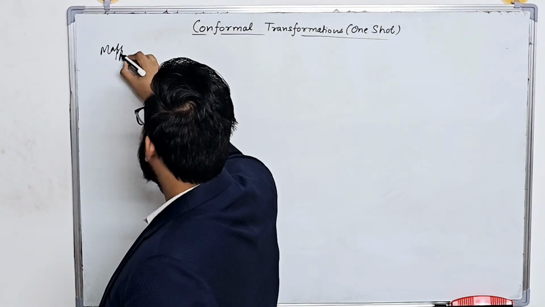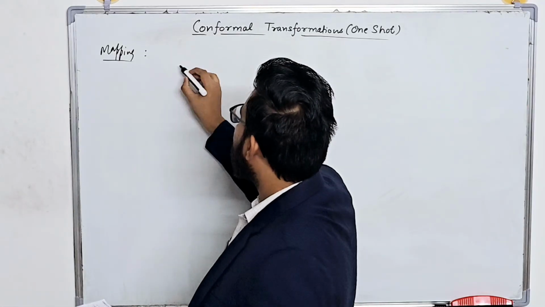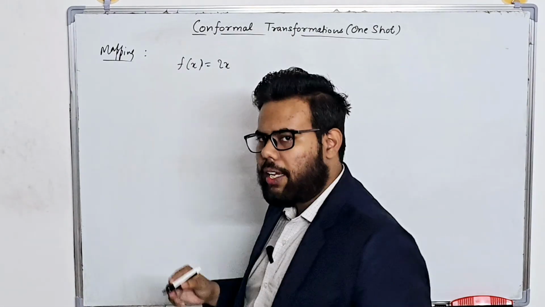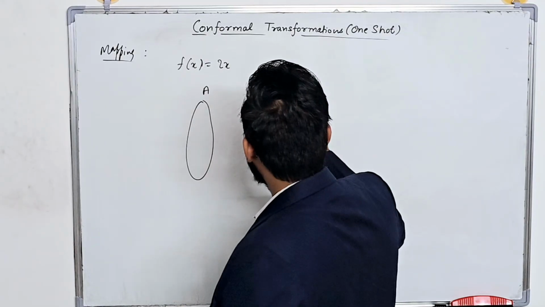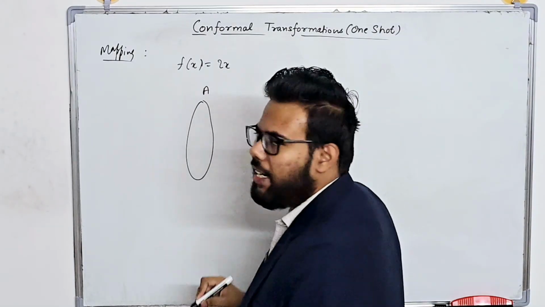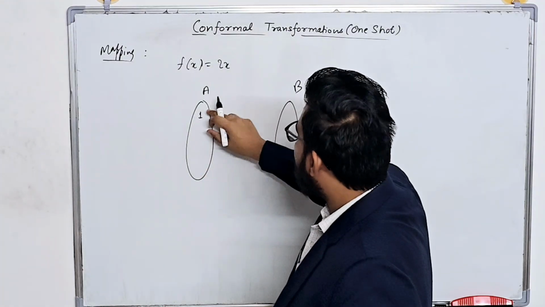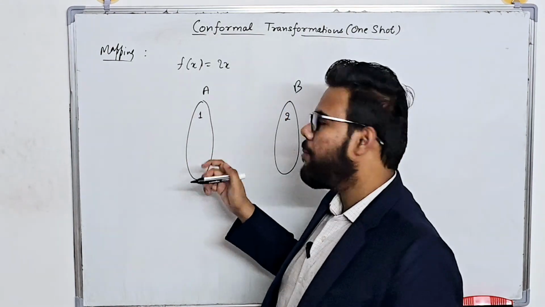Mapping. For example, if I give you a simple function f(x) = 2x, suppose these are set A and this is our set B. Suppose I give the input as 1, then what output should come? It should be 2, because f(x) = 2x.